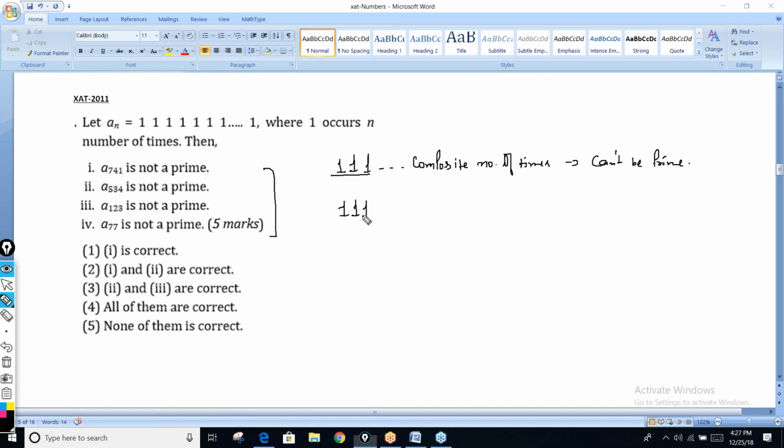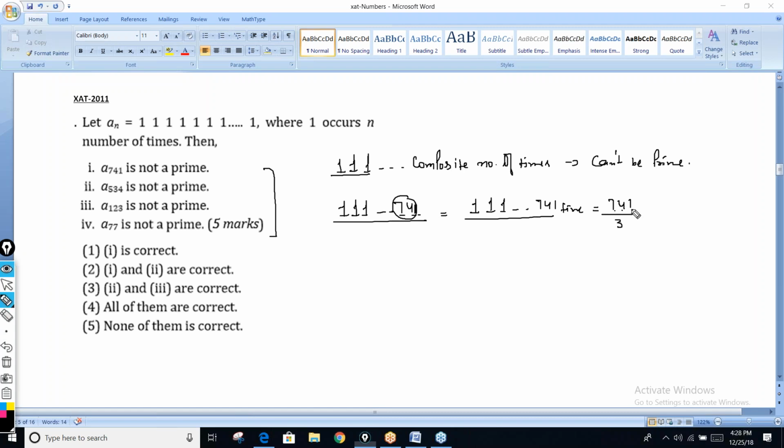111 is written 741 times. So is it prime or not? What is 7 plus 4 plus 1? It is 12. If you write 1 that many times, the sum of digits will be 741, and 741 is a multiple of 3.